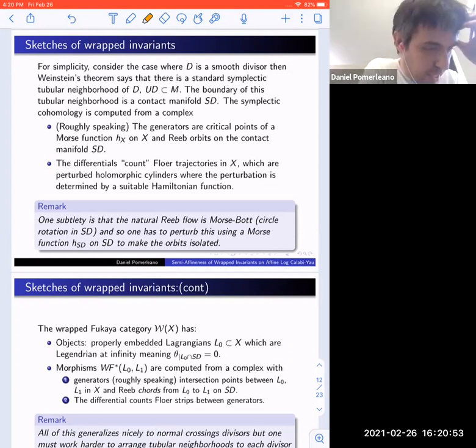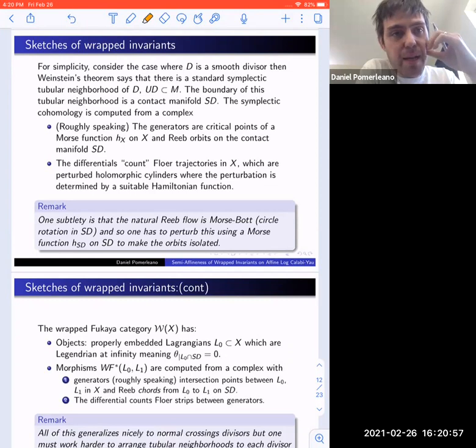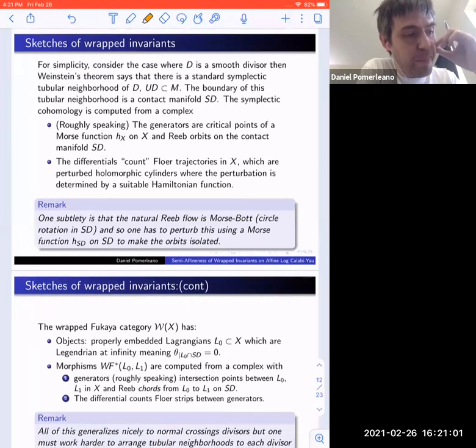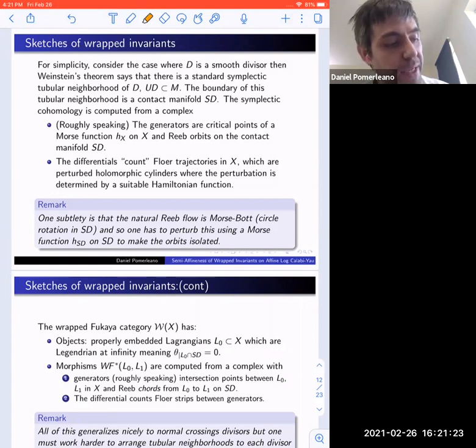So for simplicity, I just want to explain a little bit about what these wrapped invariants are. Let's consider the case where our divisor is a smooth divisor. Then basically Weinstein's tubular neighborhood theorem says that there's a symplectic tubular neighborhood of D, and what I do is I excise that tubular neighborhood.